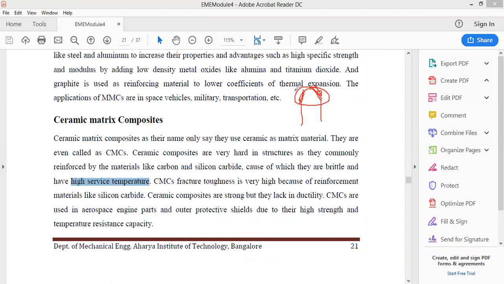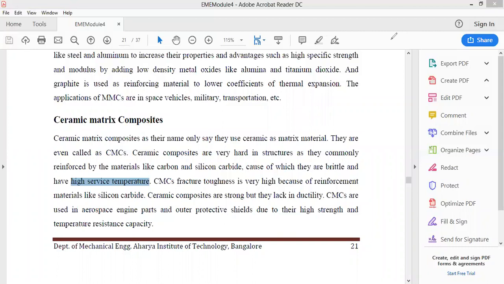Ceramic has the property where it can bear that, and at the same time, since it is a composite, it is very lightweight also. Strength is also retained at higher temperature. So in such applications, they will use ceramic matrix composites.